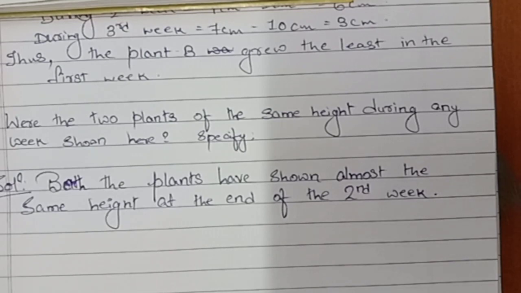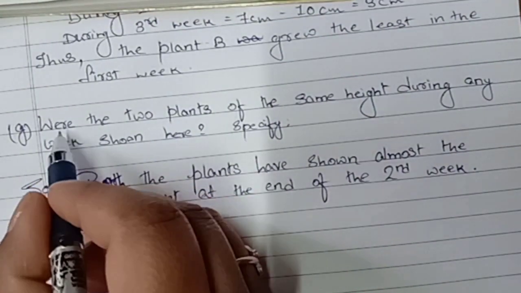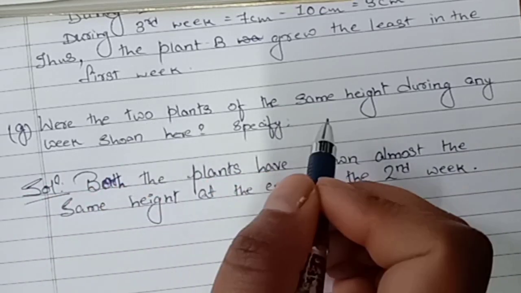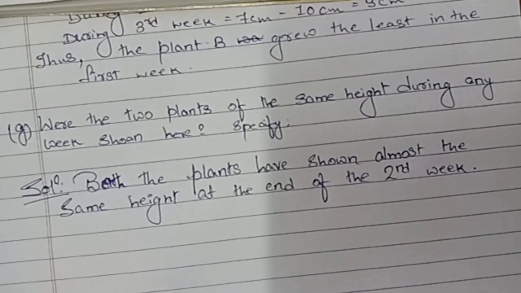Now question number G, the last question. Were the two plants of the same height during any week shown here? The question is asking whether plant A and B showed the same height during any week. So we'll check from the graph.